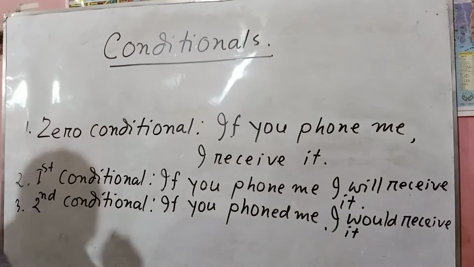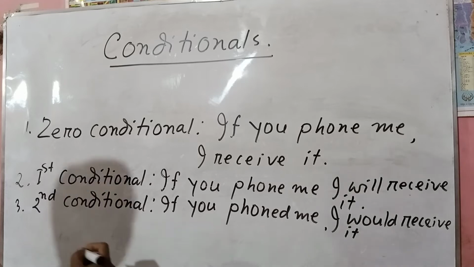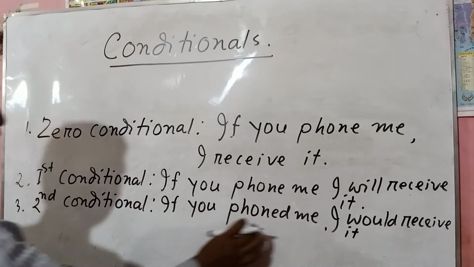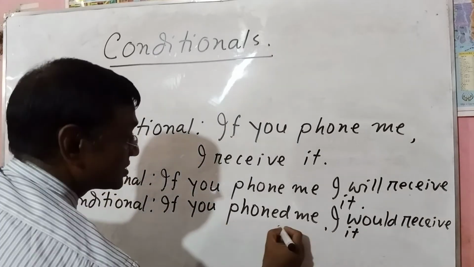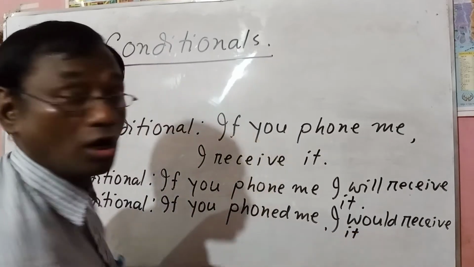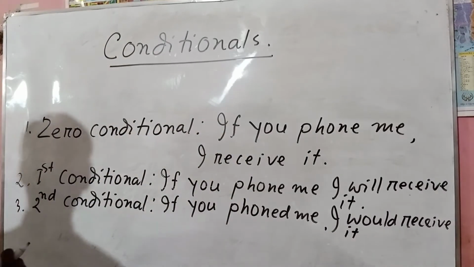Okay, please have a look. And second, if you phoned me, I would receive it. Here, this is the simple past, and this would be would or could you have to use. And this is called second conditional.